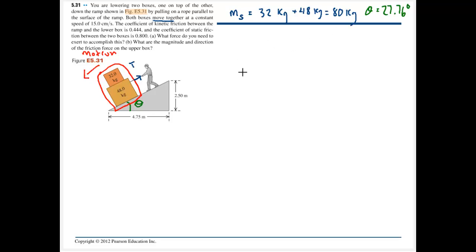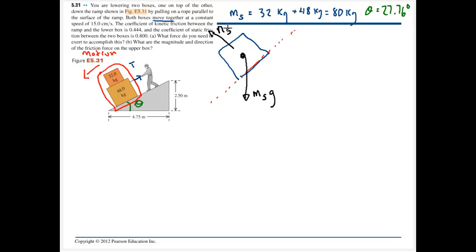So let me draw my free body diagram for my system, and I'm drawing it at the same angle right there. I know that I'm going to have my weight in the downward direction, mass of the system multiplied by gravity, and I know that it's being supported by a normal force, so normal force of the system.